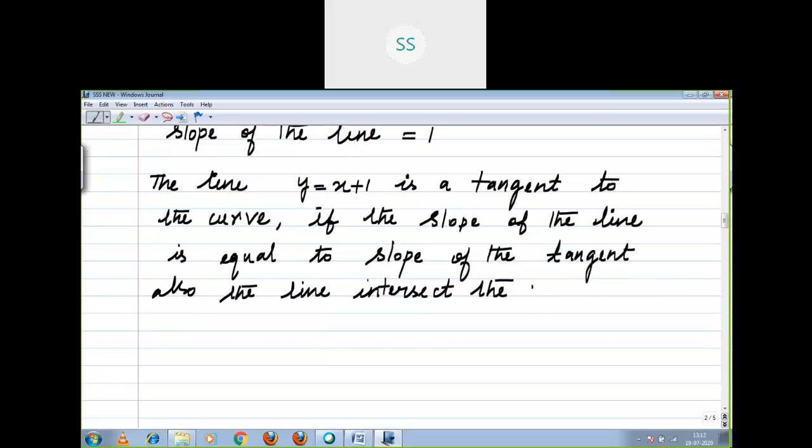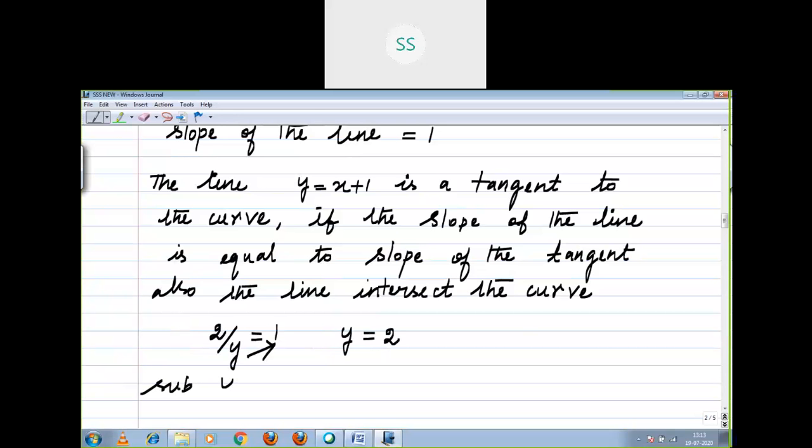Intersect the curve means we can find the value of x and y, that is the coordinates of x and y. You people said the slopes are equal. Already we found the slope as 2 by y. Here the slope is 1. So what is the value of y? y is equal to 2.